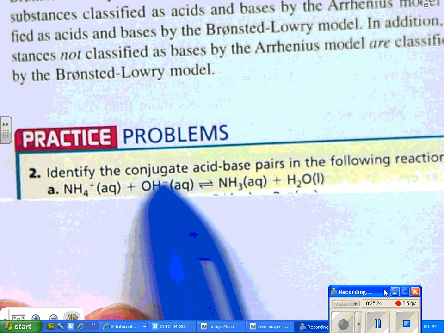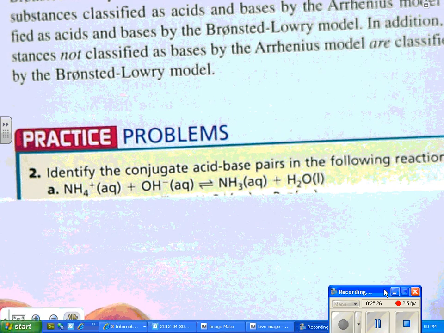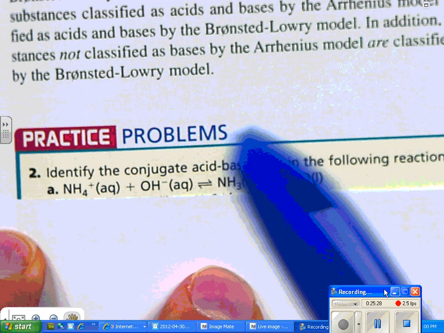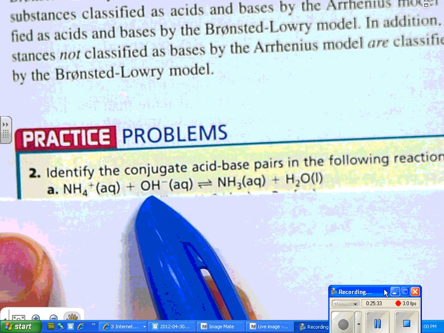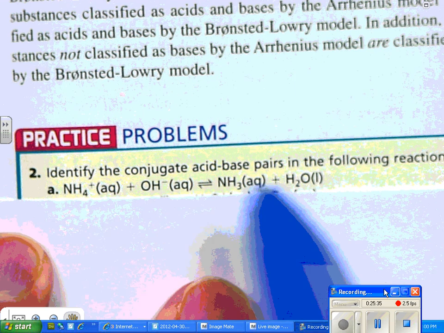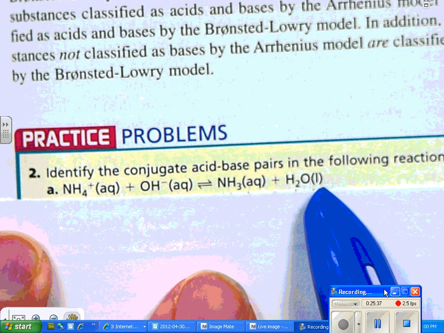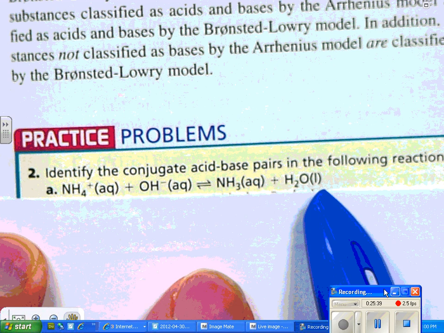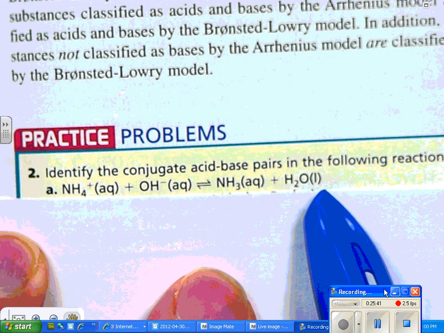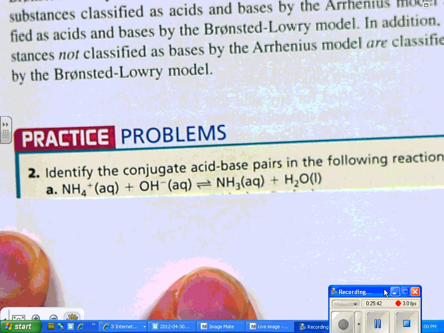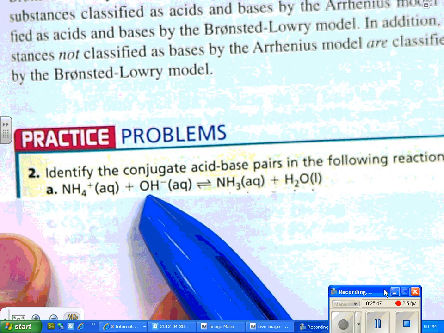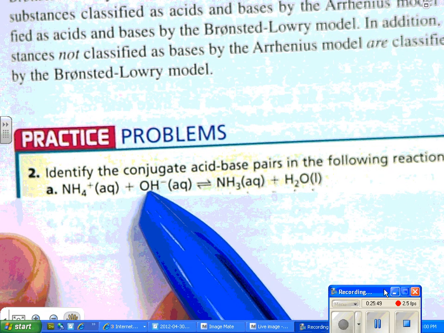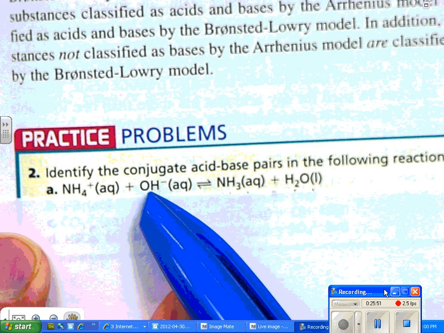Identify the conjugate acid-base pairs in the following reactions. Again, if we didn't know that hydroxide was a base, is there an OH on the right that has an extra hydrogen or one less hydrogen? Extra. So this one became the proton what? No, it was the acceptor.